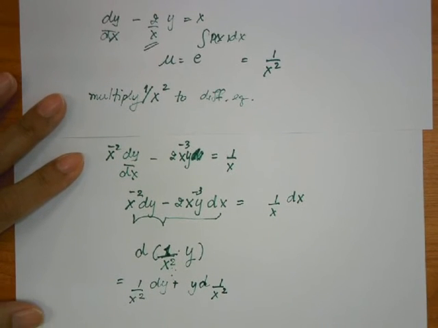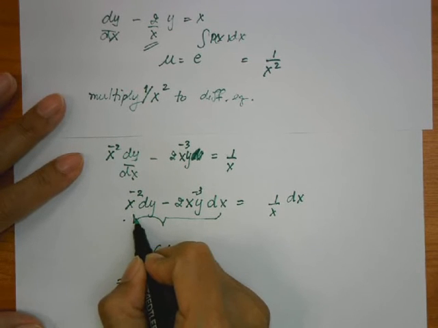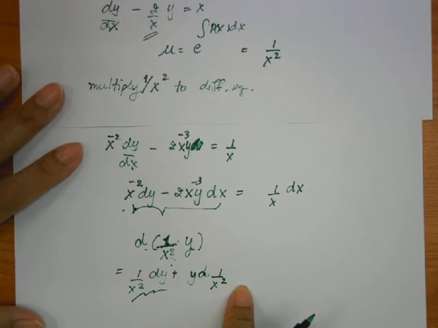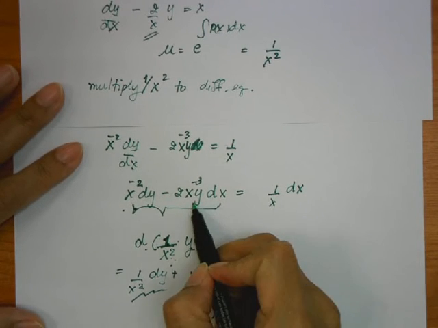Differentiate the first times the second, plus the second times the differential of the first. So this term is exactly the same. And when you differentiate 1 over x squared, you would get minus 2 over x cubed dx, which is the same as this one.